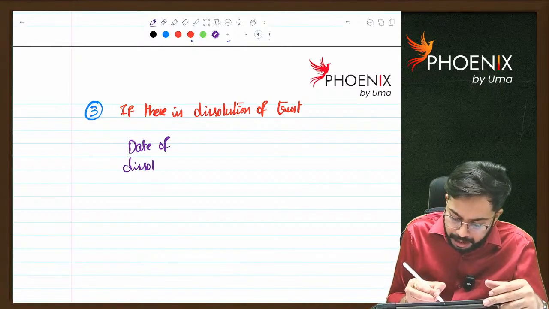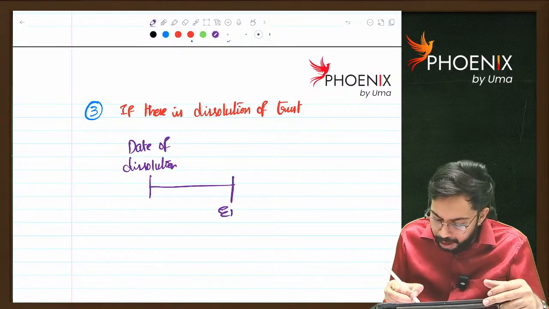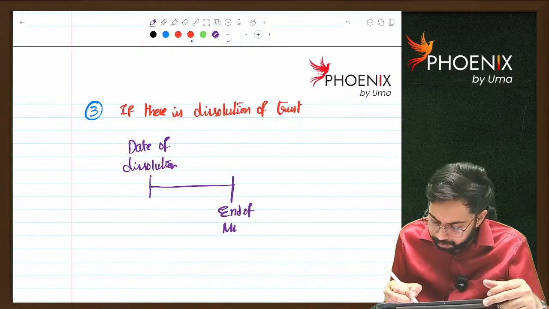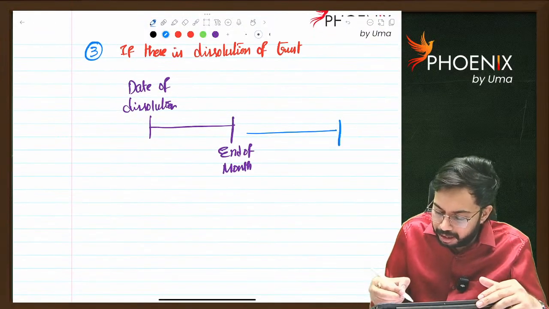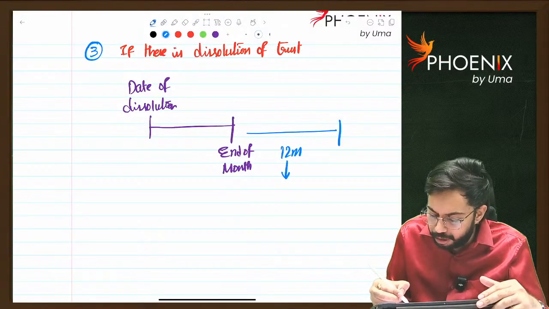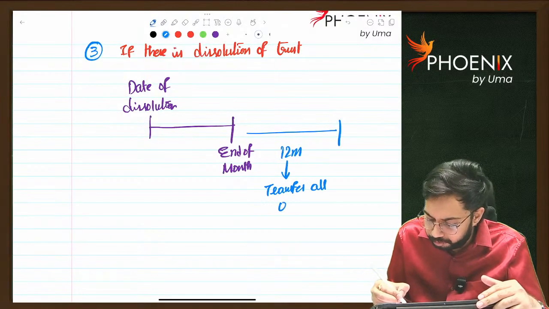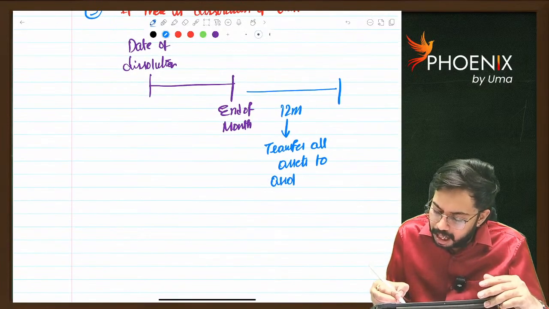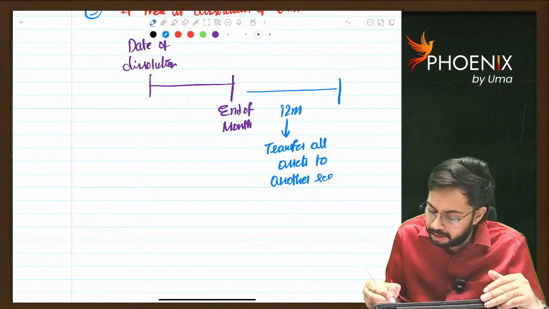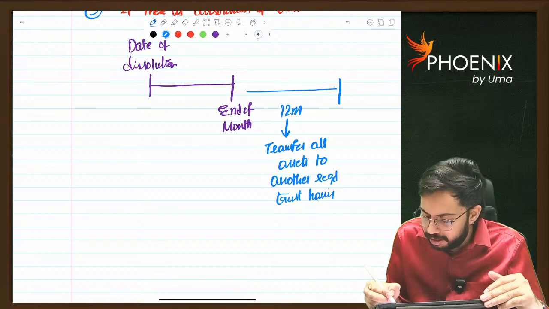From the end of the month of dissolution, within the next 12 months, it needs to transfer all assets to another registered trust having the same objects.